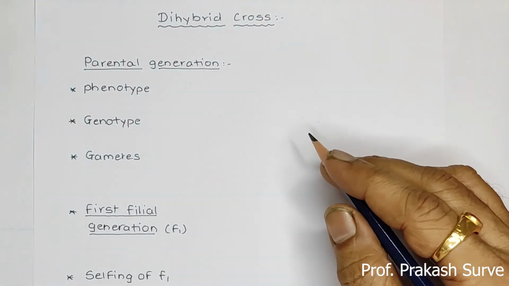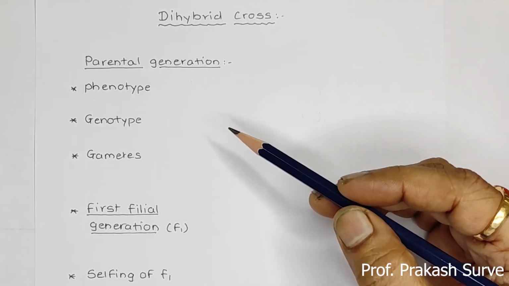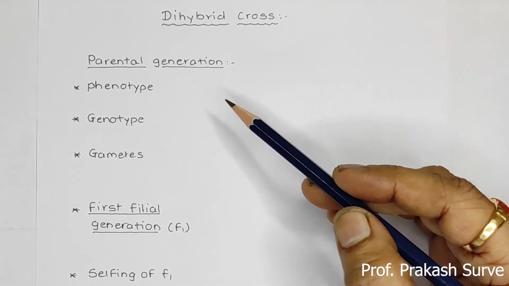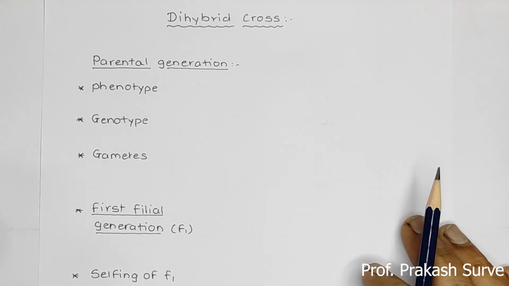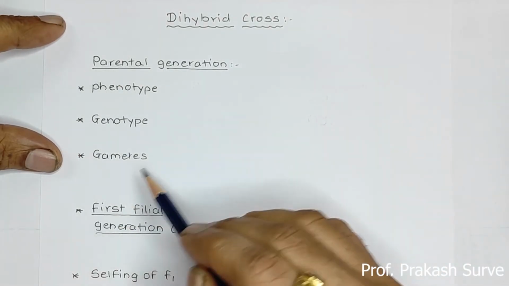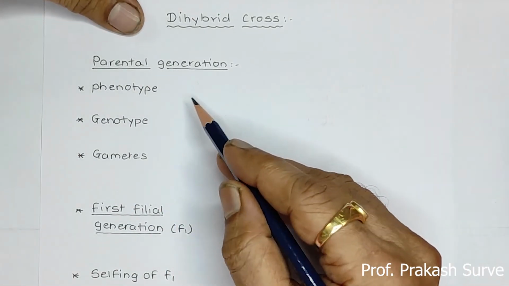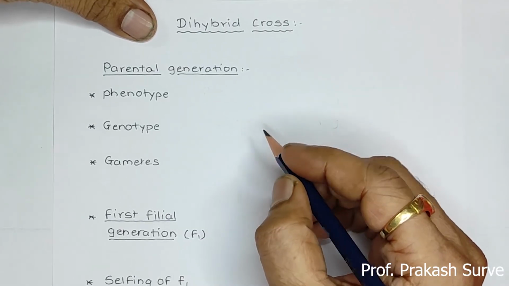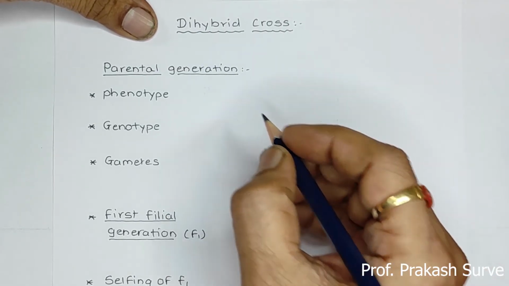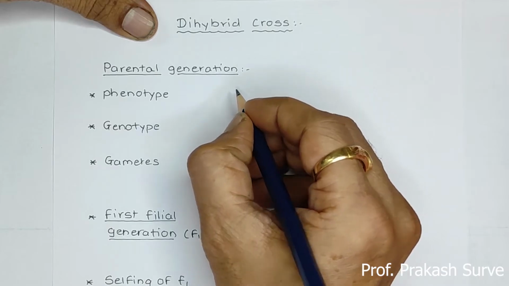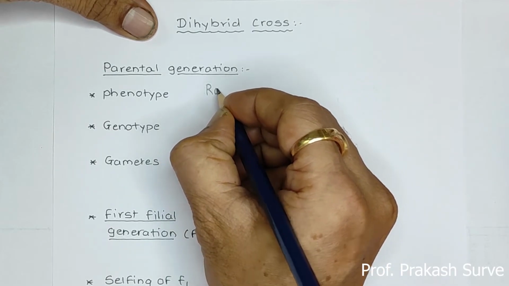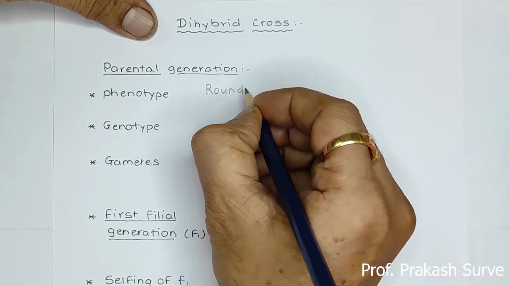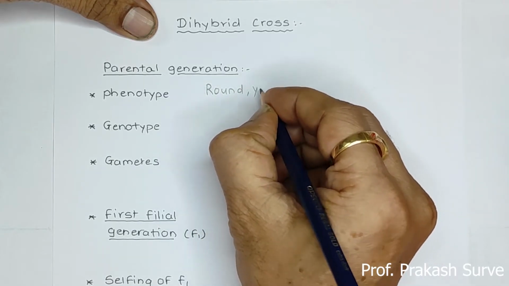Here first we'll mention it the same way as we did in the monohybrid cross: the parental generation, then the F1 generation, and then the F2 generation we'll see in another table. So the parental generation, that is the first. The phenotype: we have considered the shape and the color of the seed. One parent is dominant, which we mention here: the round and yellow seed.